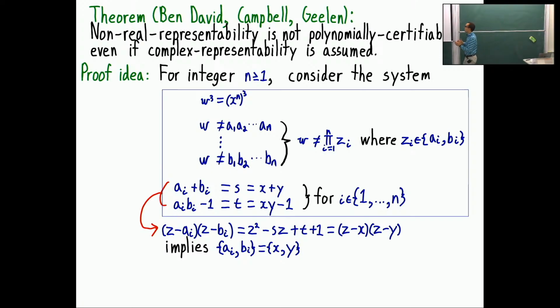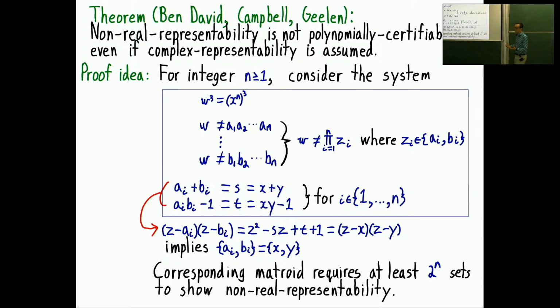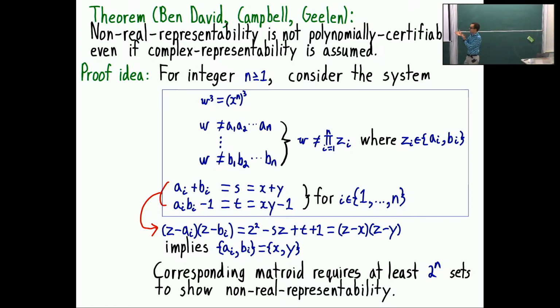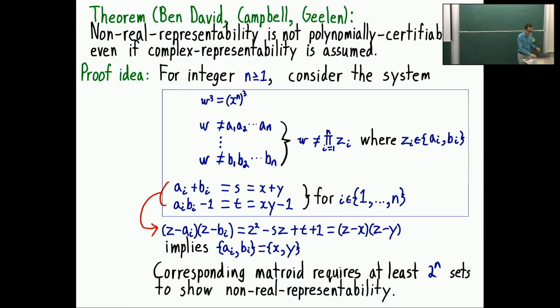Everything before this is done on a swirl-like matroid, and you can do this using one-step constructions, and the resulting matroid requires at least 2 to the n sets to show non-real representability. Essentially, if you don't give one of these non-equalities, then you have a real solution, where you've taken the non-equality you didn't give to be the one that is violated.